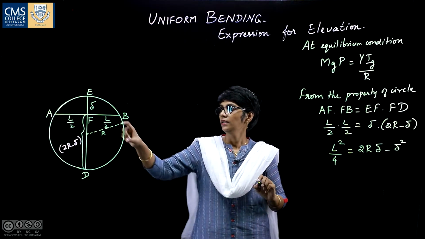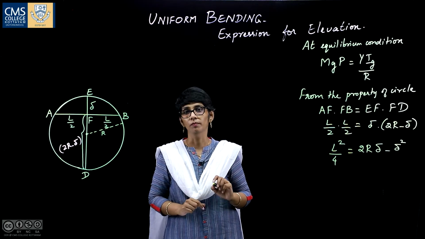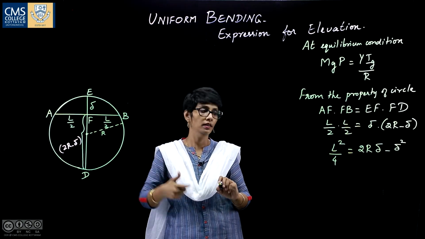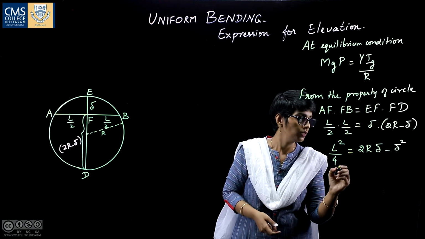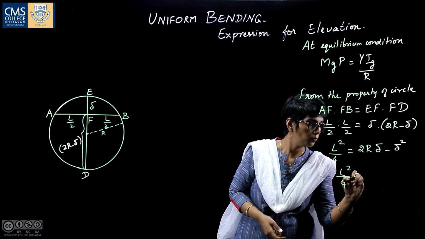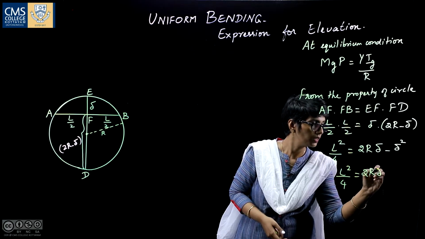We know that the elevation delta is very small, so the delta square term will be neglected because it is very small. So we get L square by 4 is equal to 2R delta.